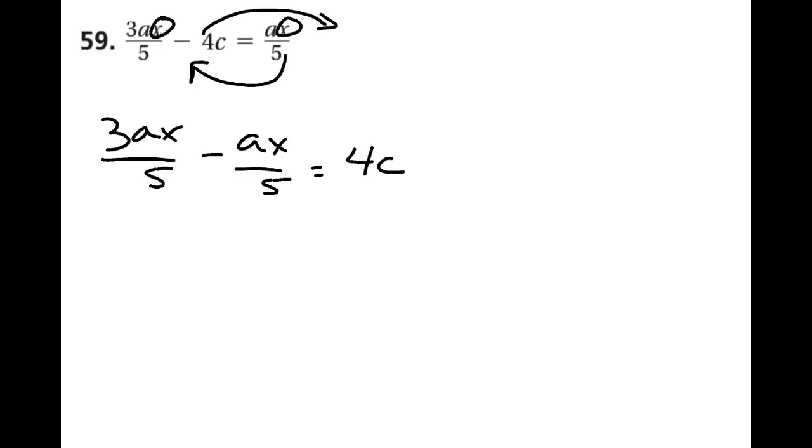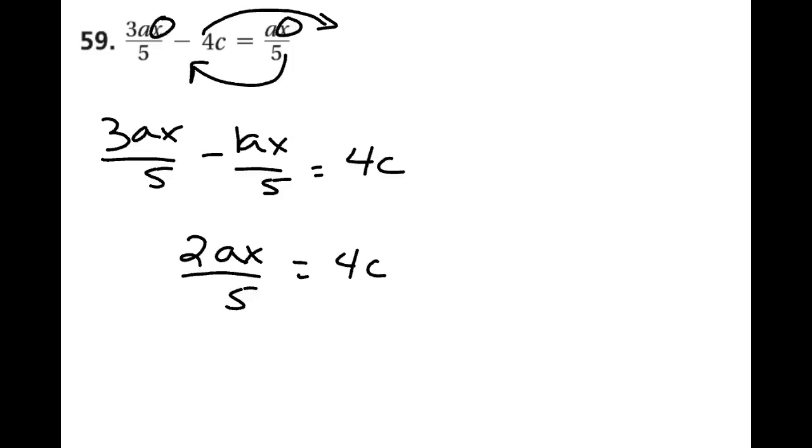Now you're thinking fractions here, I might have to find a common denominator, but actually they already have a common denominator, so I can go ahead and put these together. These are like terms. 3ax minus 1ax is 2ax with a denominator of 5. That's how you put fractions together with like denominators. You put the tops together, leave the denominator the same.